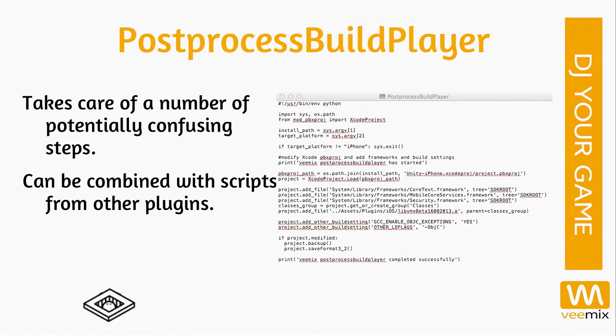You can link your required iOS frameworks if there are more beyond the default ones, and set compiler flags, build settings, etc. What's great about this is it takes care of a number of potentially confusing steps so that the developer doesn't have to. Another bonus is if you're using more than one plugin, perhaps from different sources, you can chain these post-process build player scripts together.